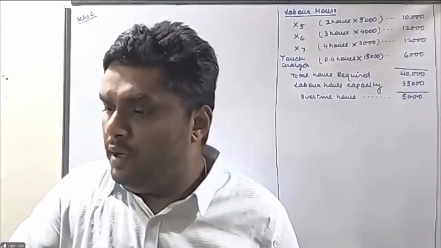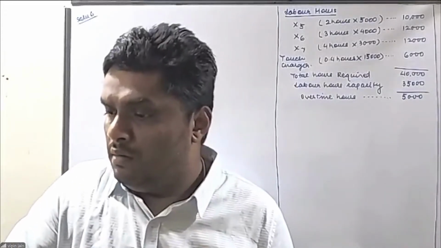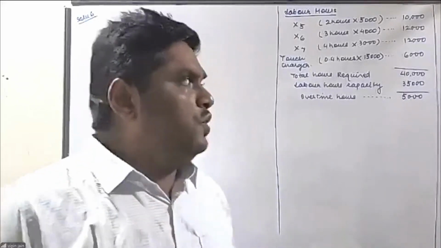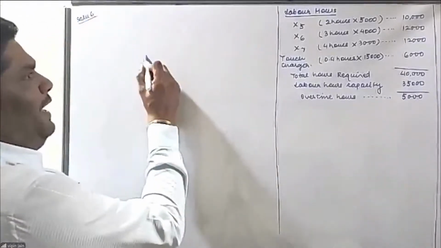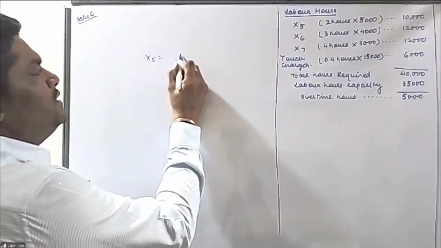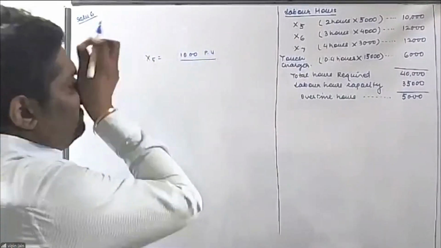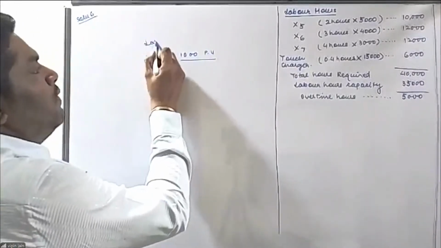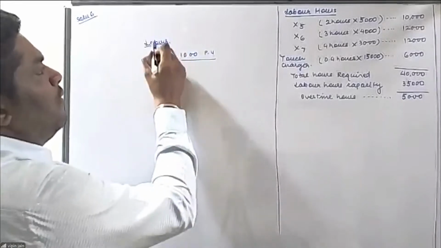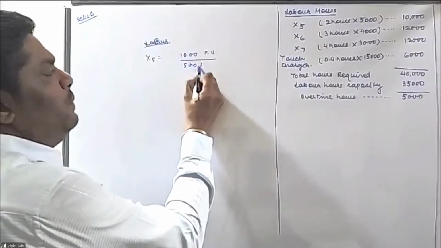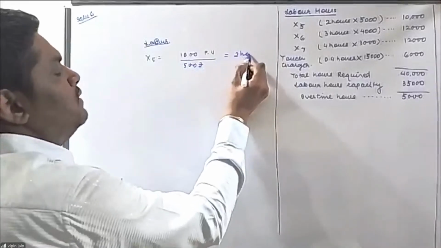Very good, Dev Kumar. So Pranav, for X5, the total labor cost is 1,000 per unit for labor. Now per hour is 500 rupees, so it means 2 hours.